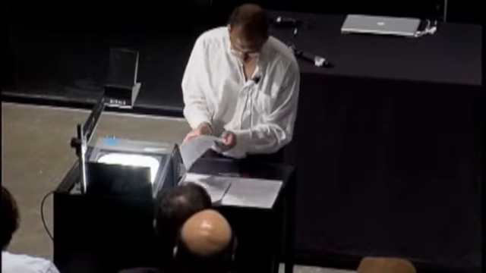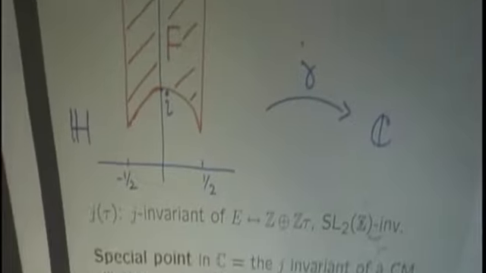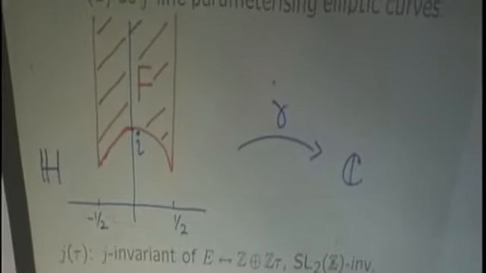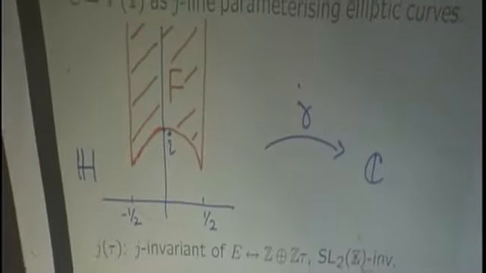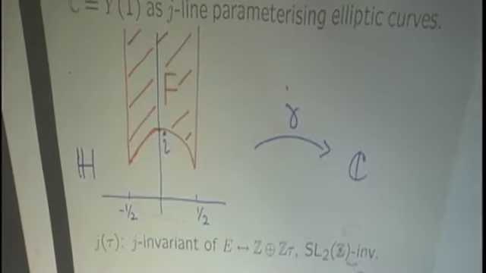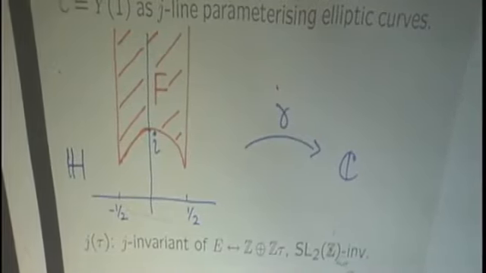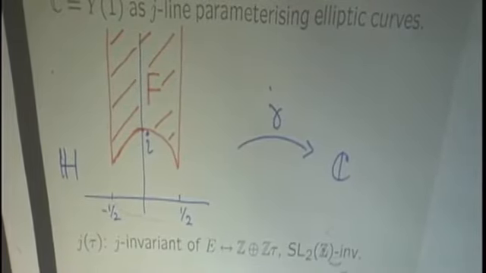So what I want to do is first describe the André-Oort conjecture for C^n a little bit more precisely, and then sketch an unconditional proof of it using o-minimality. So this case is the André-Oort conjecture for C to the n. So C here is the modular curve. It's the j-line parametrizing elliptic curves by their j-invariant.